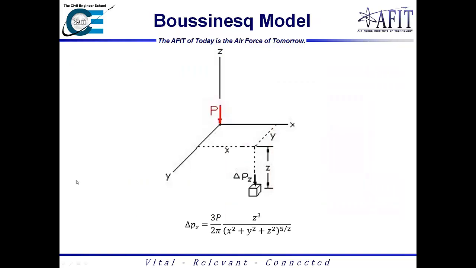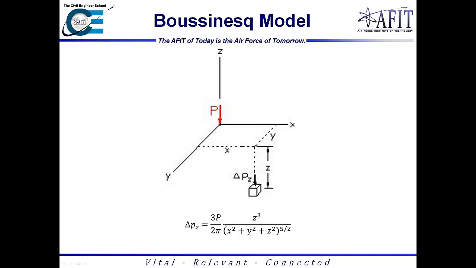When you start talking about getting a little bit more precise, in terms of tailoring it down to that parabolic curve, you can get into the Boussinesq model, which was a model that Boussinesq came up with in about 1885. Basically, he said, if I have a point load here and I want to figure out the stress in this element down here at a distance x, y, and z away, I can use this equation to figure out what it is.